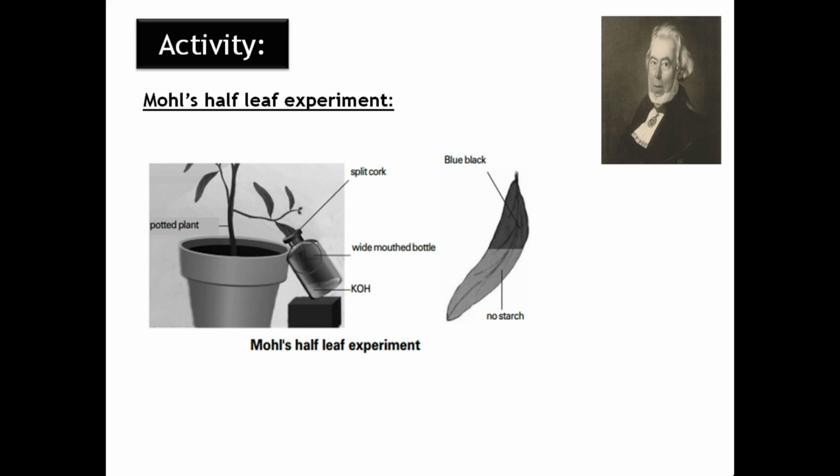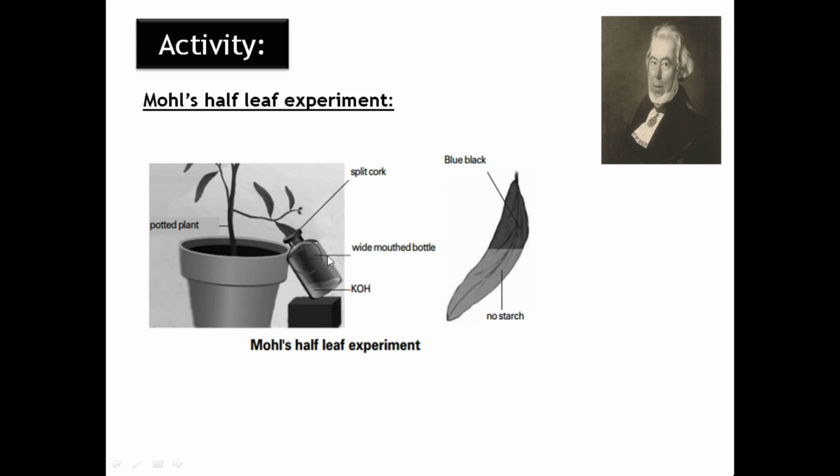So for this activity we have to take a destarched plant and take a wide mouthed transparent bottle and insert a split cork in its mouth. Put some potassium hydroxide, that is KOH pellets or potassium hydroxide solution, in the bottle, as KOH absorbs the carbon dioxide present in the bottle.